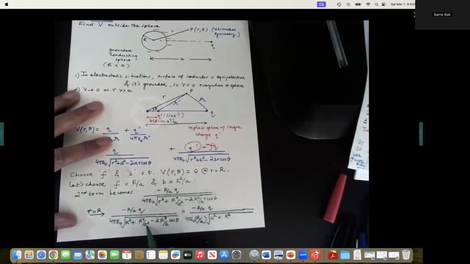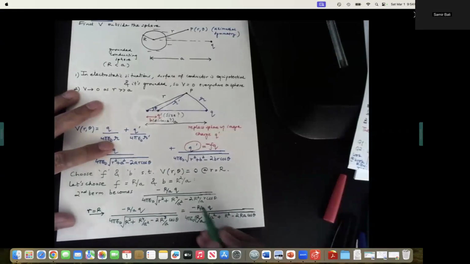Okay, and I took an a out, and that's fine. The a squared got factored out. And then I have a minus 2. Took an r squared out from here, so I have just the r. And I took an a squared out, so I need to multiply this by a cosine theta. Now this, of course, cancels with that.